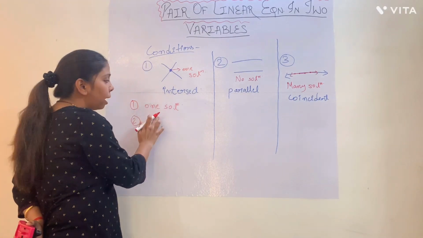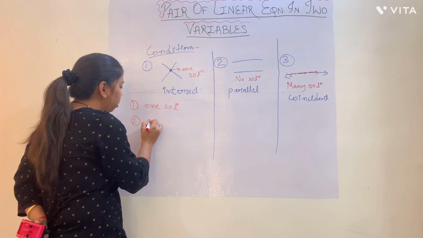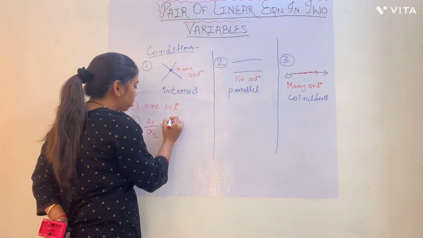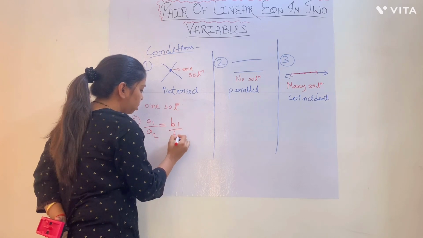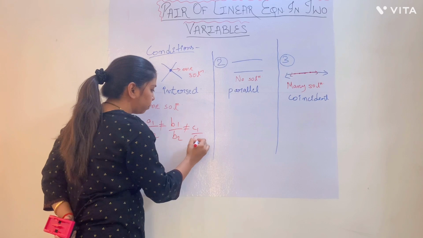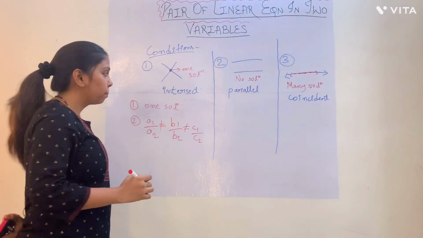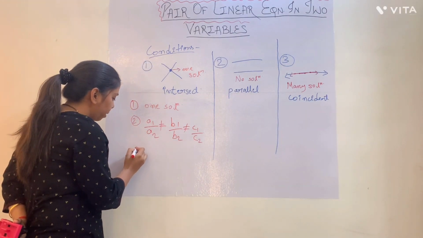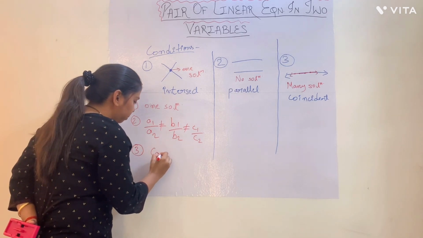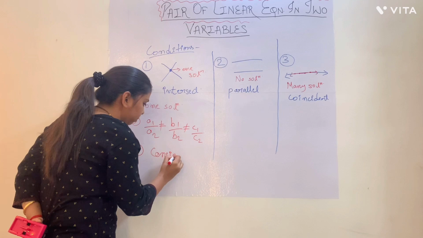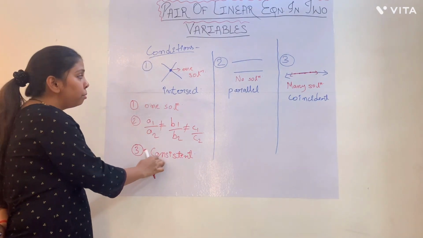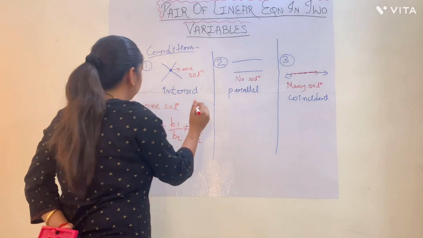Like here there is one solution, so a1 upon a2 is not equal to b1 upon b2, and this line is consistent. Why is this consistent? Because there is one solution.